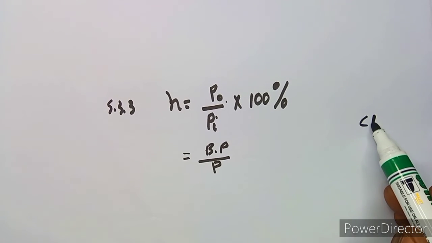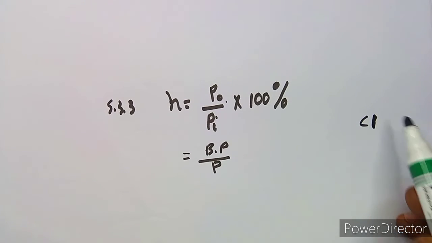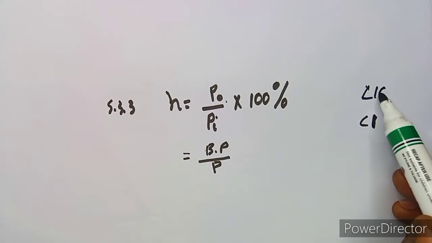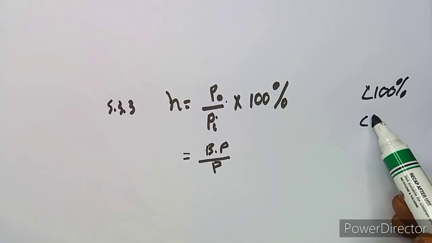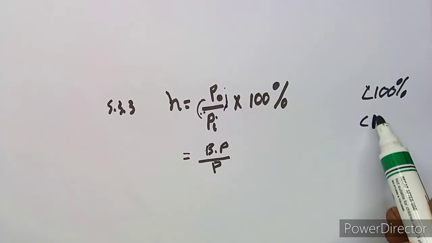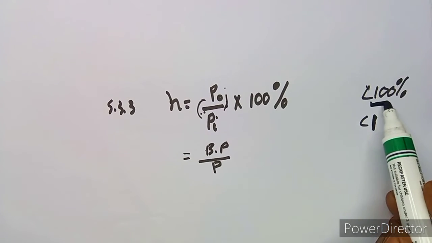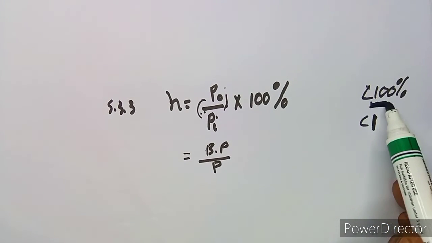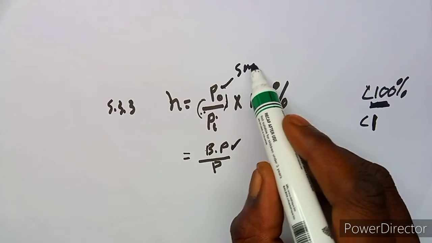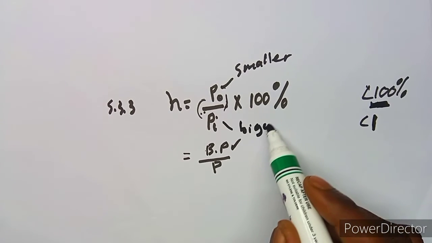So to obtain less than 1 as a normal number, and as a percentage less than 100%, the output is supposed to be the smaller value, and the input the bigger value.